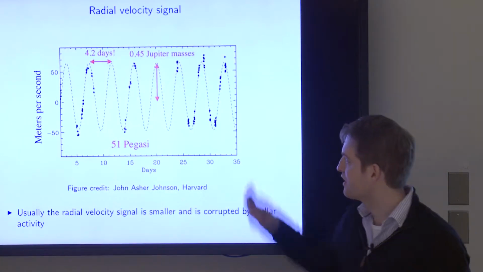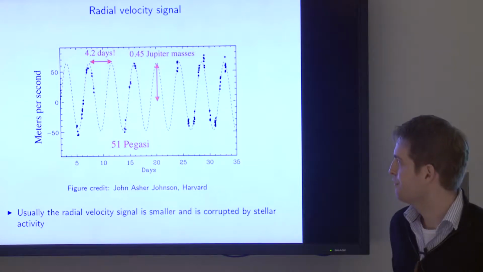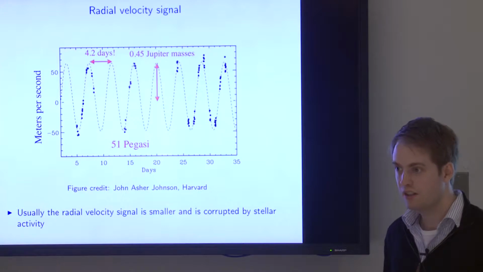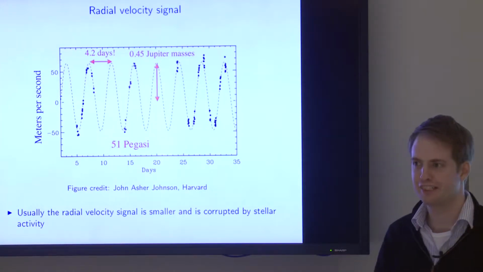This signal is from the 51 Pegasi detection, which was the first planet to be detected around a main sequence star. And it's a very, very big signal.